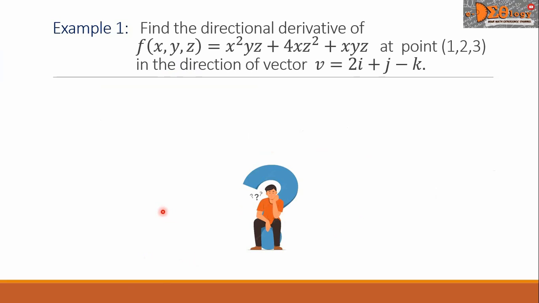Now example 1, find the directional derivative of f of x, y, z equals x squared yz plus 4xz squared plus xyz at point 1, 2, 3 in the direction of vector v equals 2i plus j minus k.